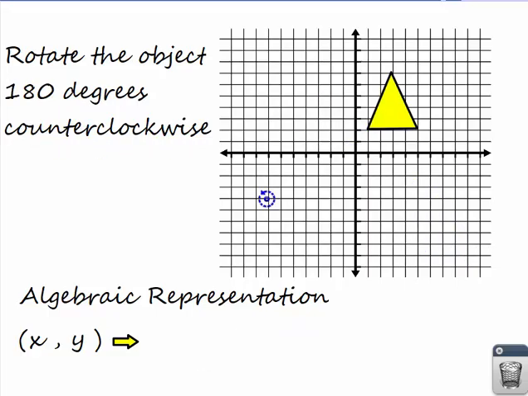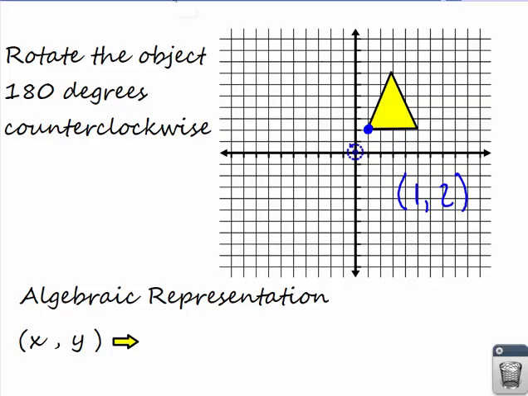So let's look at a 180-degree counterclockwise turn. Again, we want to focus on a single point, that one right there. I'm going to put my rotation tool right here in the center again because we're rotating about the origin. We're going to figure out what happens to my coordinates if I do a 180-degree turn counterclockwise. The original point is at (1, 2).